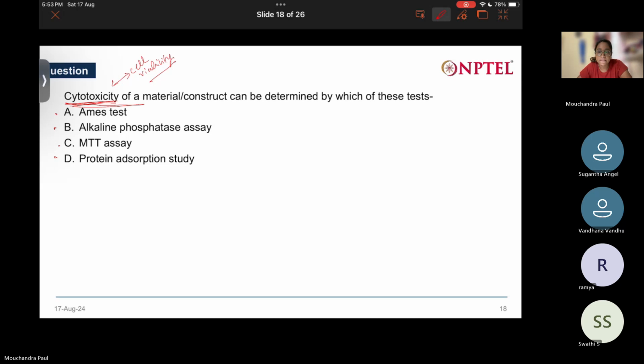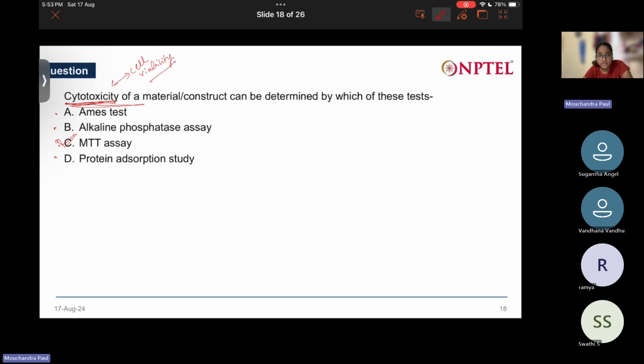Anyone? Okay. So the correct answer is MTT. So you can use the same MTT assay that we talked about previously to quantify the cytotoxicity of a biomaterial.